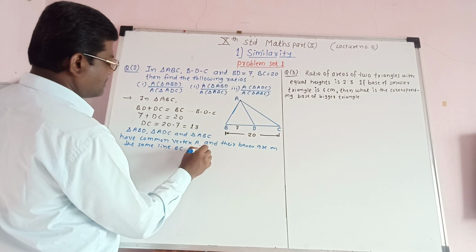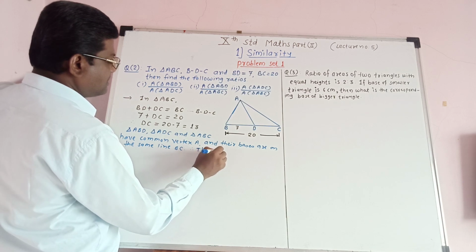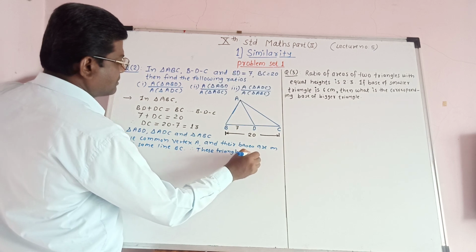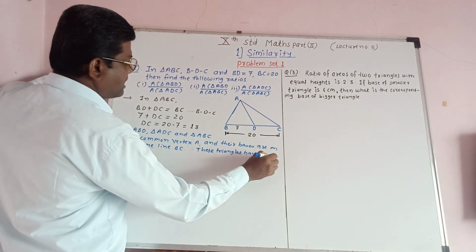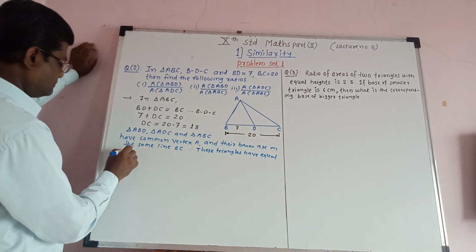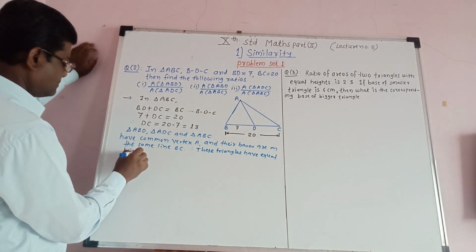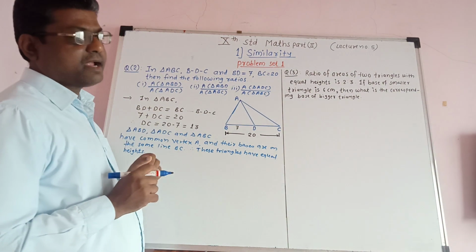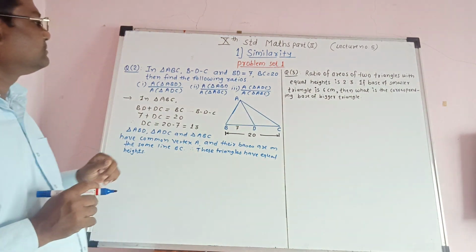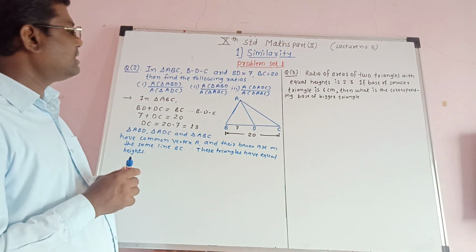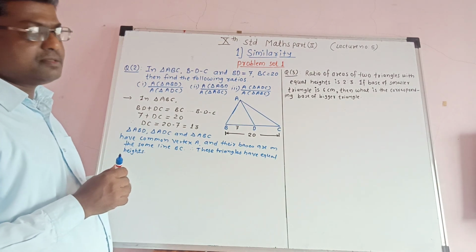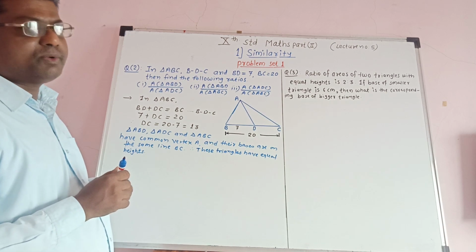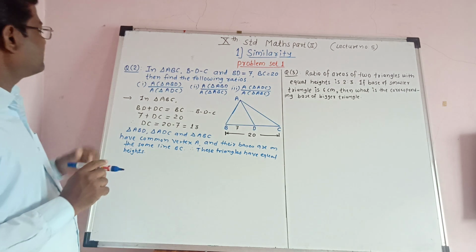Therefore, these triangles have equal heights. These three triangles have equal heights. So ratio of areas of two triangles having equal heights is equal to the ratio of their corresponding bases.